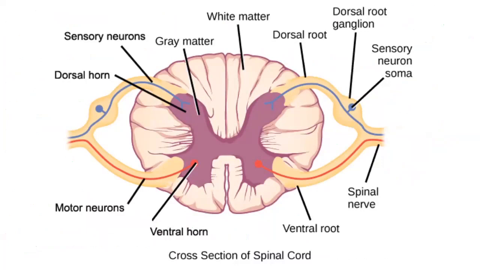This is the cross section of the spinal cord. This is the white matter. Remaining thing is gray matter, from which nerve cells originate.